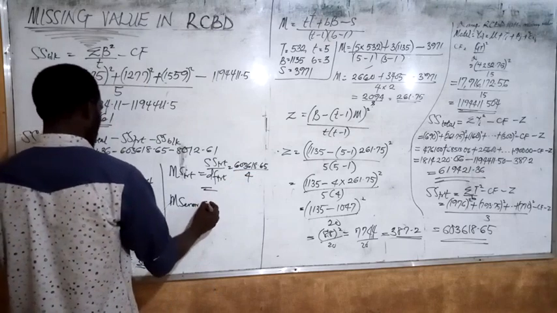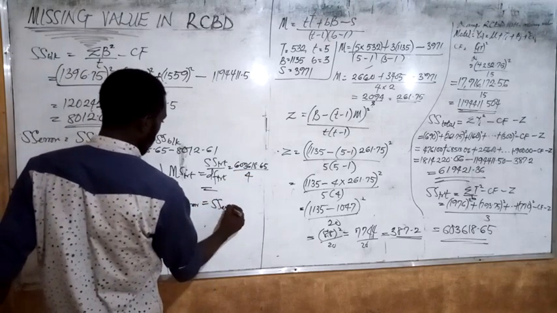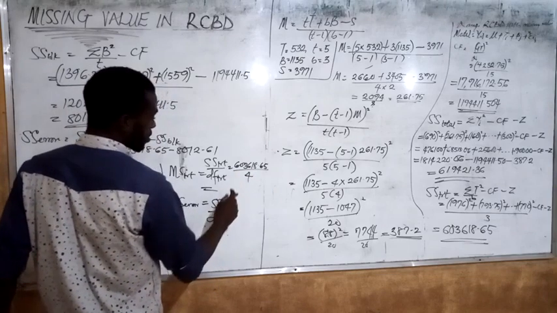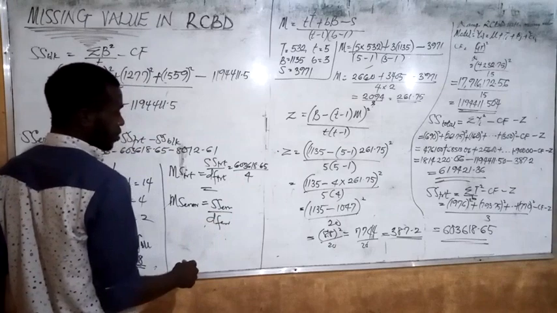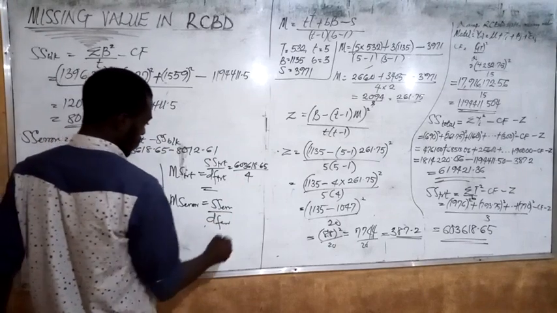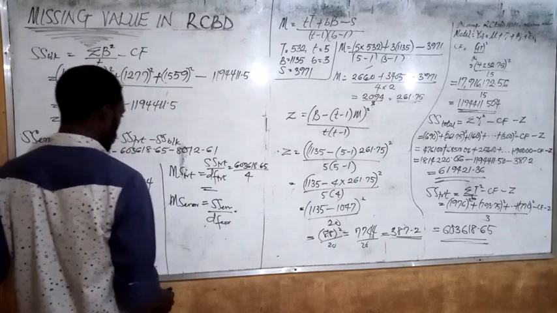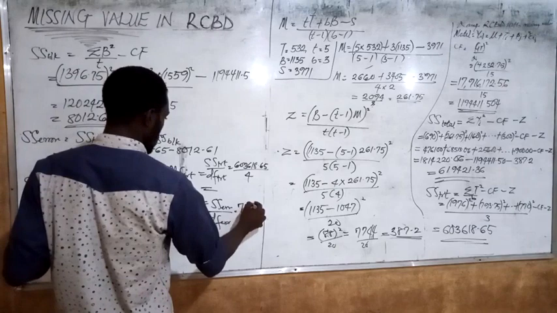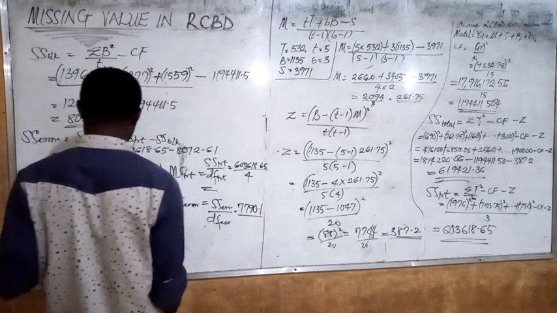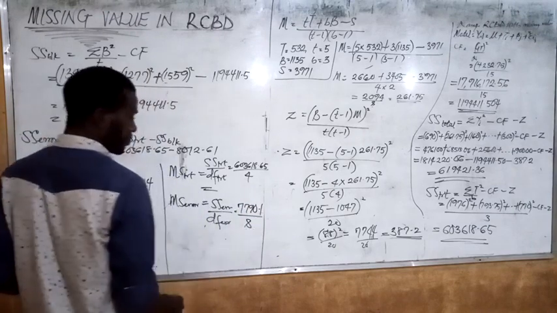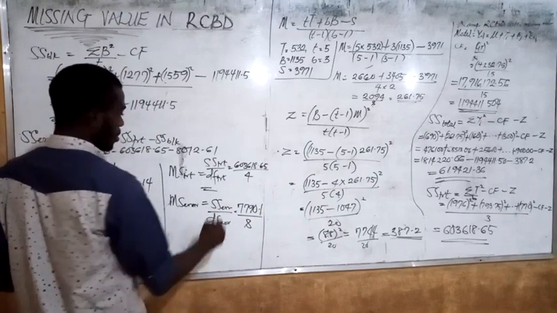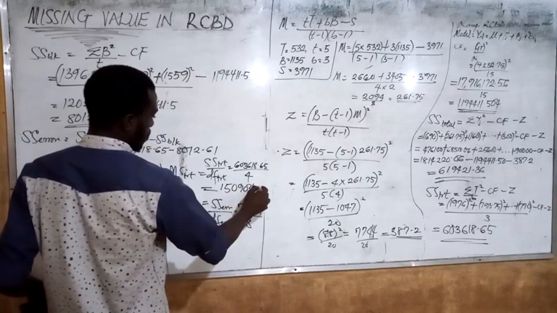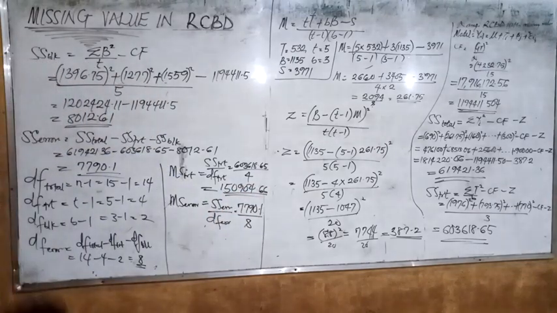Then MS error is our SS error over the DF error. Our SS error was 7790.1 over DF error, which was 8. What's the answer?